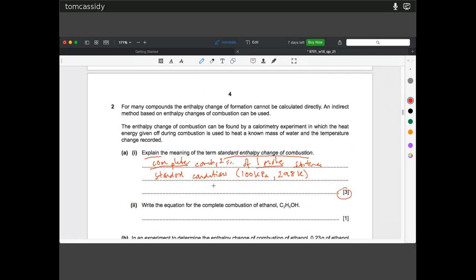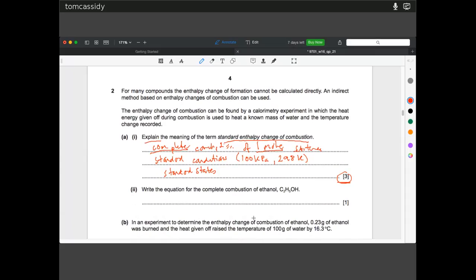And that the reaction, the standard enthalpy change of combustion, is for the reactants and their products in their standard states. Okay, so we've got complete combustion of 1 mole of a substance under standard conditions with reactants and products in their standard states. We've made sure we've got our three marks there.